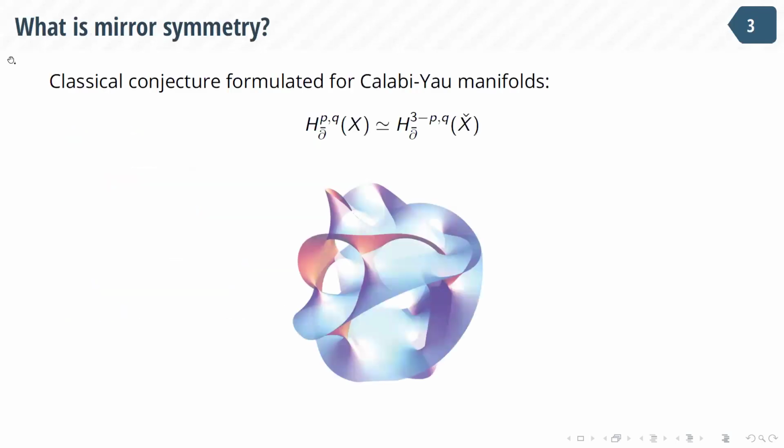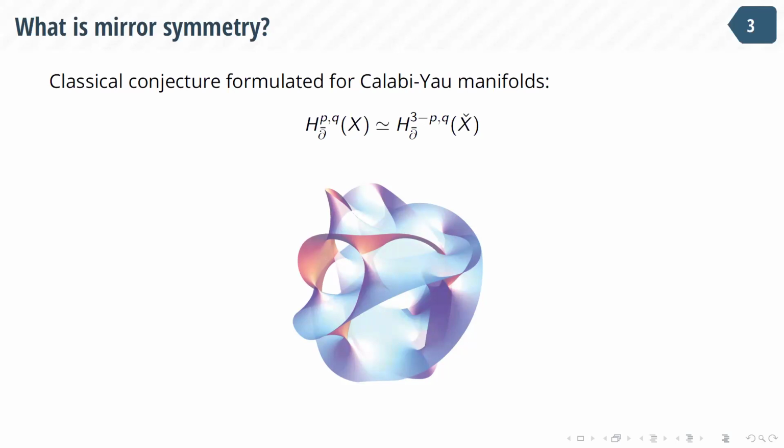So, what is mirror symmetry? It was originally formulated for Calabi-Yau manifolds in the context of string theory compactification, and it asserts that for every Calabi-Yau X there should exist another Calabi-Yau X check, such that, in a certain way, the symplectic geometry of the first corresponds to the complex geometry of the second, and the symplectic geometry of the second corresponds to the complex geometry of the first.